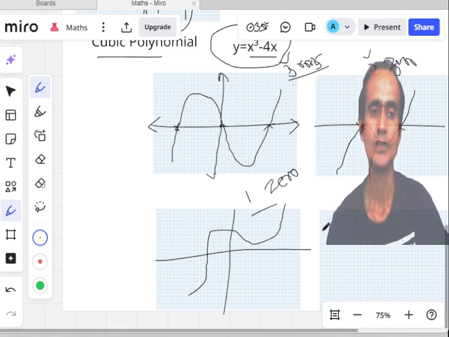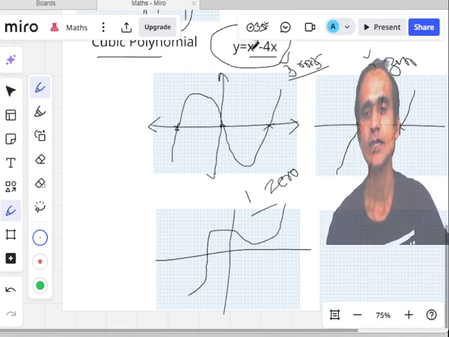No, it is not. The reason is, I told you that as the value of x approaches positive infinity from this side, the value of y will also approach higher and higher to infinity. And if the value of x approaches negative infinity, the value of y will approach negative infinity on this side.